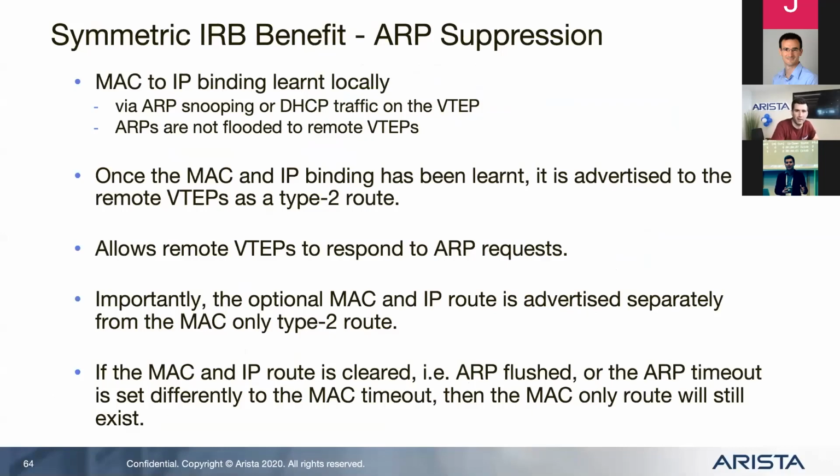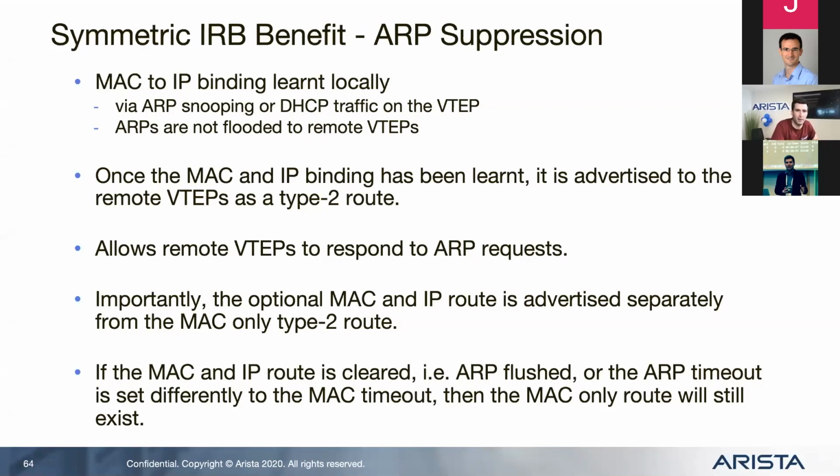Another added benefit, and I think Alexi showed a bit of this earlier on during his demo, was this ability to implement ARP suppression. So MAC to IP bindings are learned locally by a VTEP. It looks like the ARP table, right?